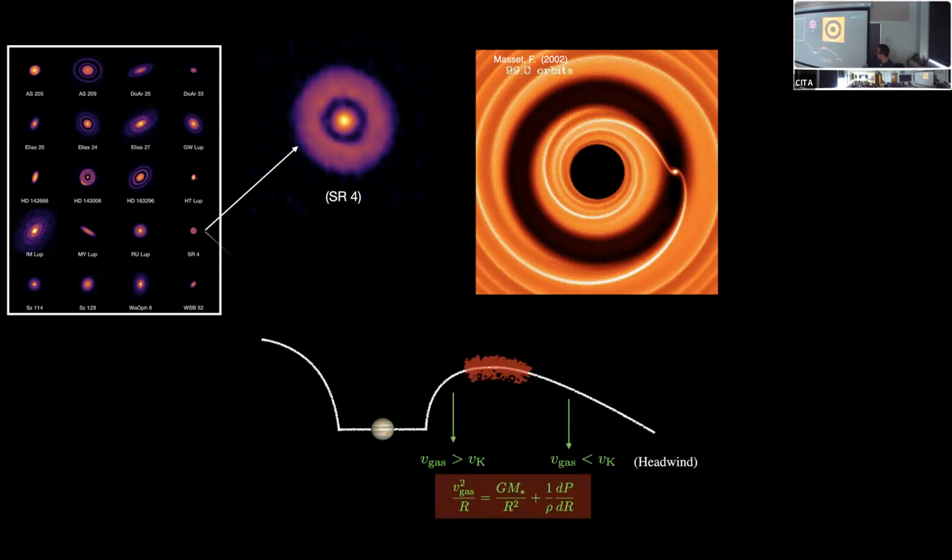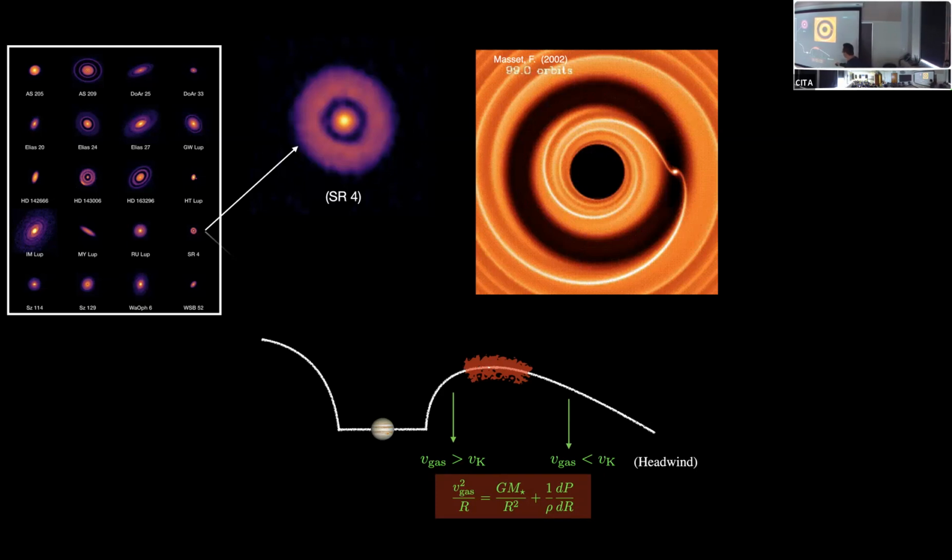Because there are pressure gradients, the velocity of the gas is going to be slightly different. You will have a Keplerian velocity, but to be in equilibrium you will also have a pressure gradient. You can follow the algebra here: inside, where the pressure gradient is positive, the gas velocity will be higher than the Keplerian velocity.